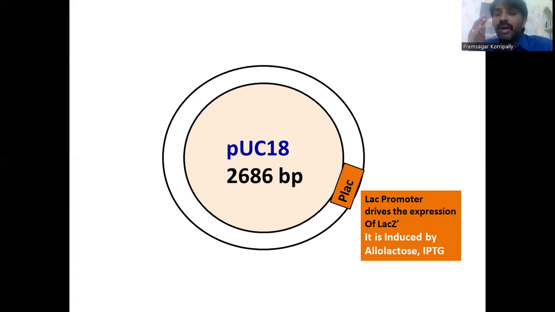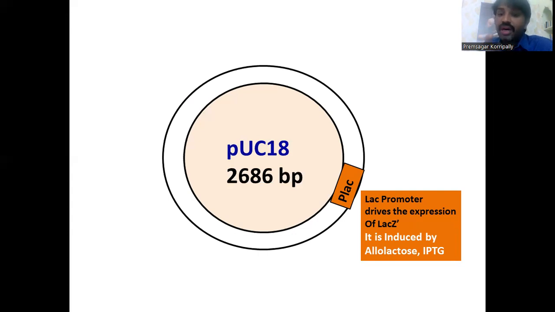IPTG is isopropyl beta-thiogalactoside. That's a non-metabolizable analog of allolactose, meaning it cannot be metabolized by the system. Whatever amount you add to the system will be there forever at the same concentration. Hence, IPTG is used to switch on the lac promoter.